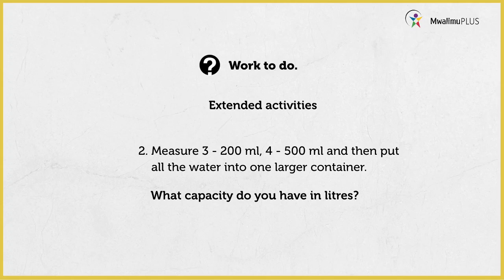And then put all the water into one large container. When you do that, then you need to ask yourself, what capacity are you having in, of course, liters? Having done all that, make sure that you have it in liters.